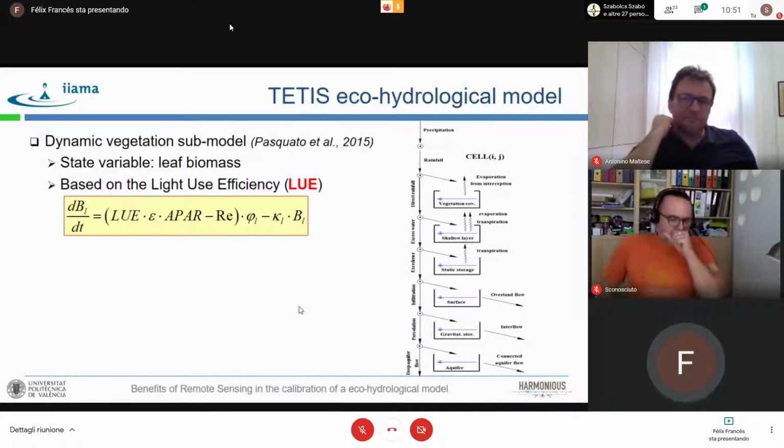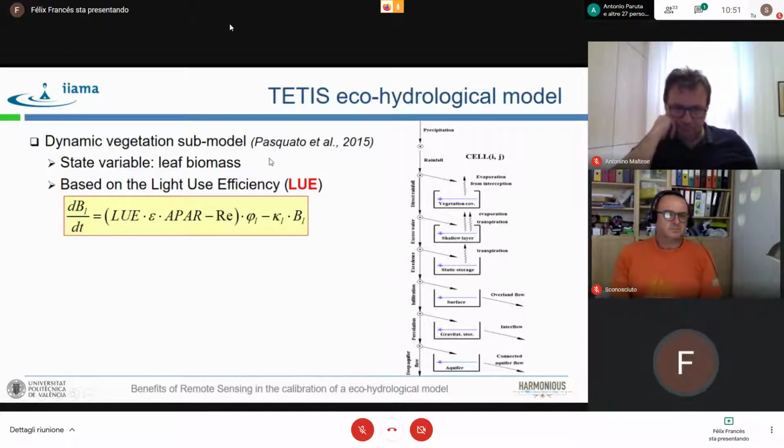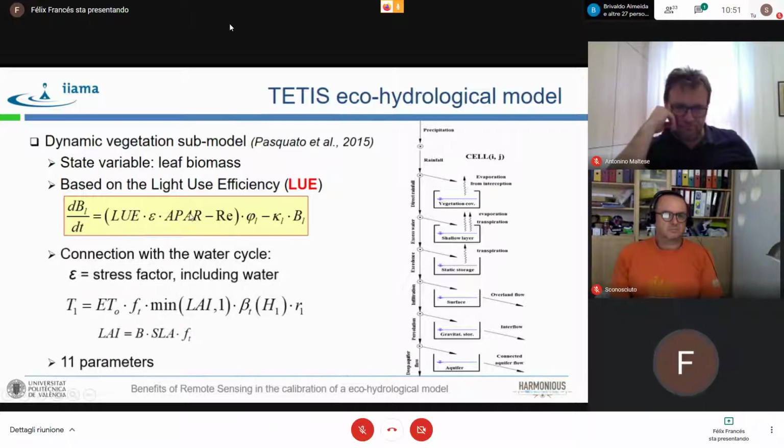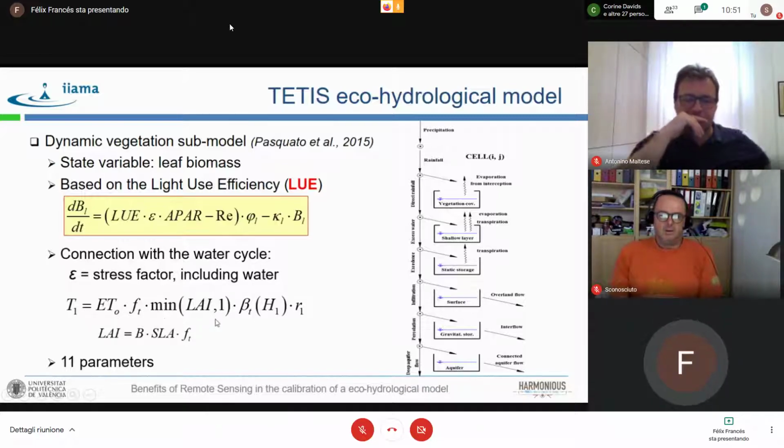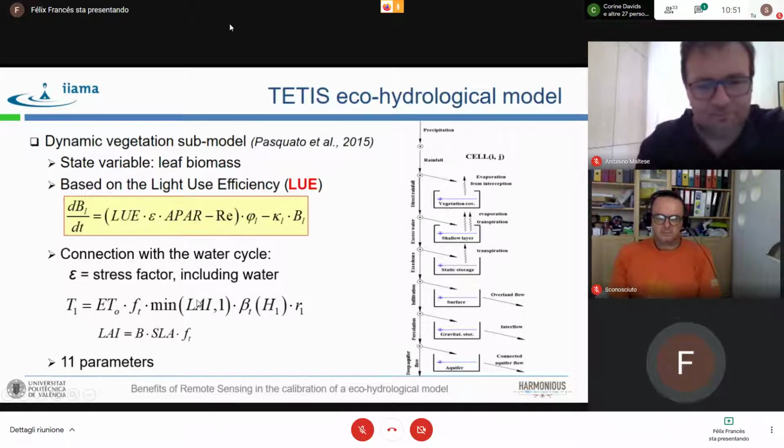For the dynamic vegetation component, we use the leaf biomass as state variable, and the dynamic equation is based on light use efficiency. This dynamic equation is connected with the water cycle through a stress factor, which includes the water stress, and the transpiration is a function of this stress factor and the leaf area index.